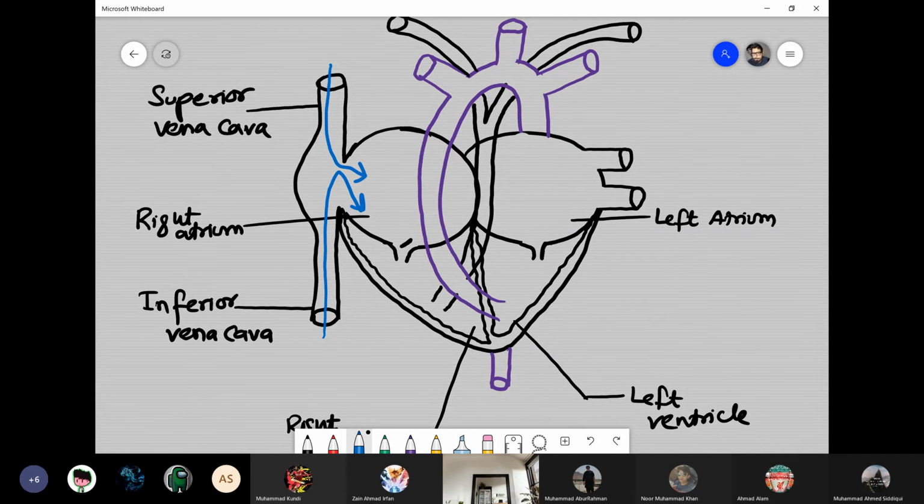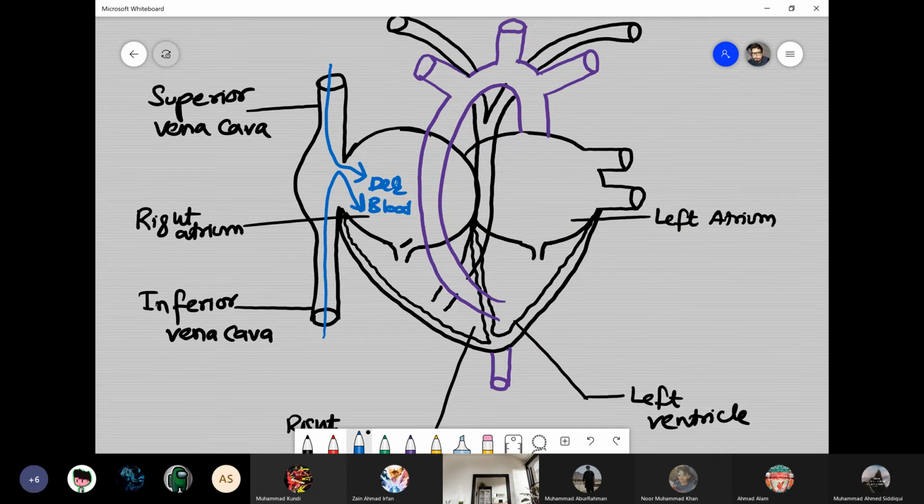The inferior vena cava is bringing the blood from the legs, abdomen and lower part of the chest, and the superior vena cava is bringing the blood from the head, neck, both shoulders, both arms, and upper part of the chest. Now this blood will be deoxygenated blood.